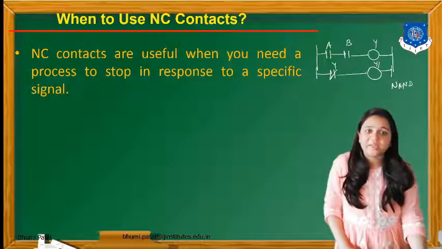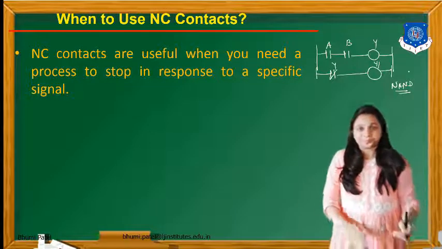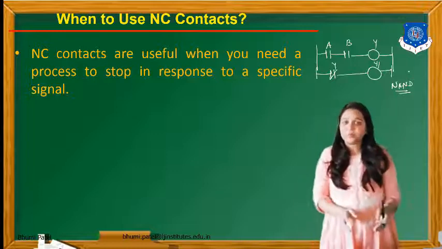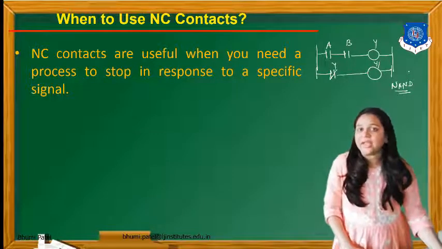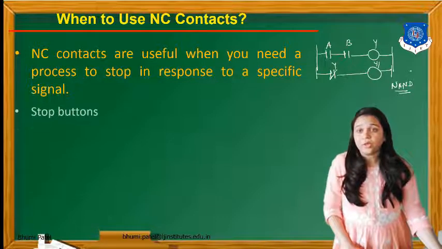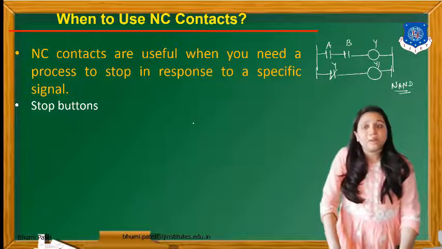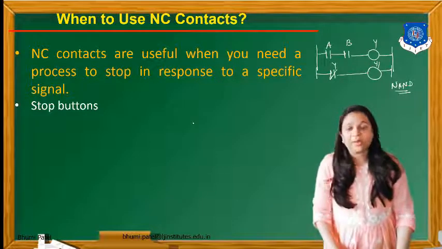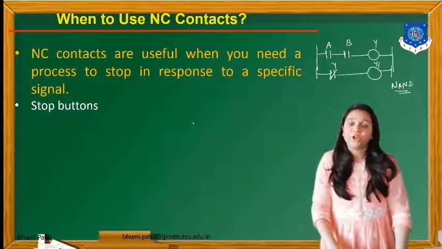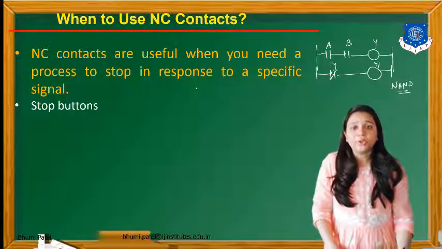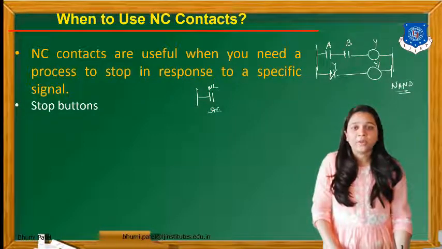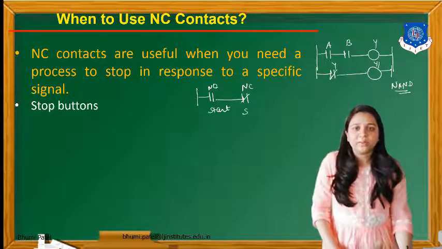In specific applications where the process must stop in response to a specific signal, we can use a normally closed contact, like the stop button. If the requirement is that the system has one start button and one stop button for the process, generally we use the normally open contact to start or turn on the system, and the normally closed contact to stop the process.